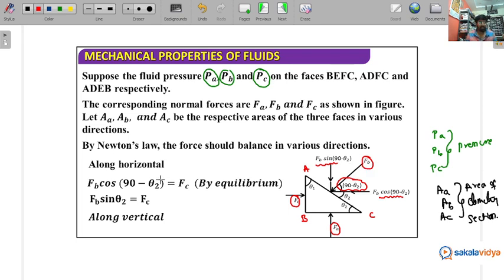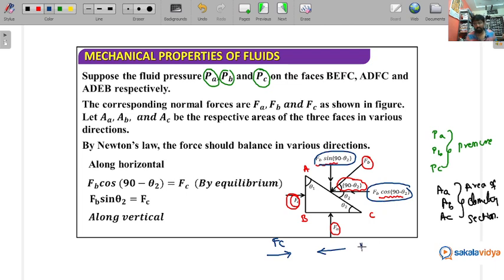According to Newton's law of equilibrium, two forces should always be equal and opposite in direction. If FC is acting in the horizontal direction, which component should act to balance it? Are we going to use FB sin theta or FB cos theta? If this force is acting in this direction, which component should act in the opposite direction?